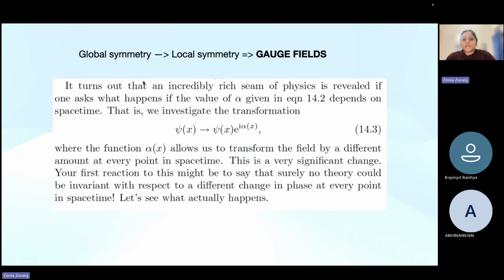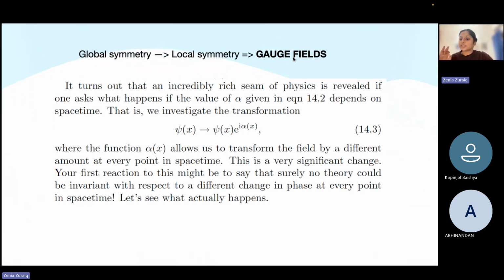Then something interesting happens: if you want this kind of symmetry to be obeyed by your system, you necessarily need to introduce something called a gauge field. This is similar to how, if you want to write a theory that obeys Lorentz covariance or Lorentz invariance, we know that we have to mix up space and time, so we can't just use ordinary vectors.